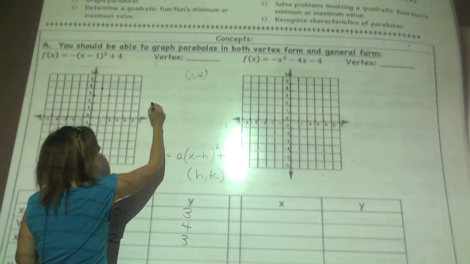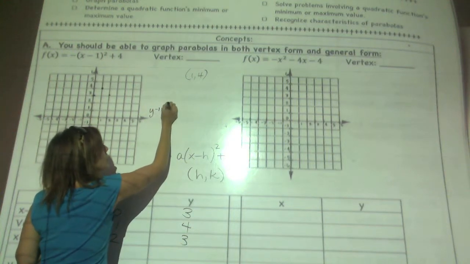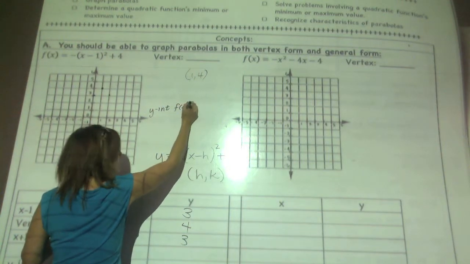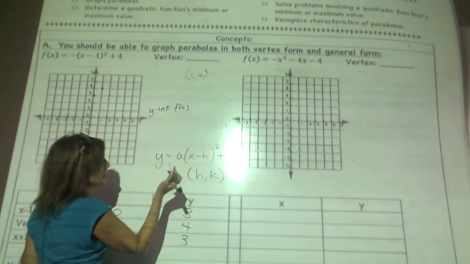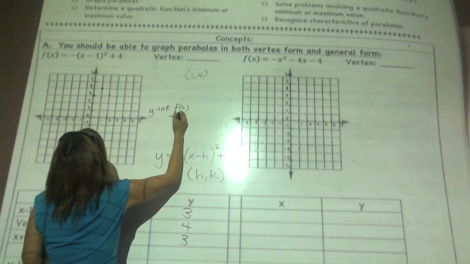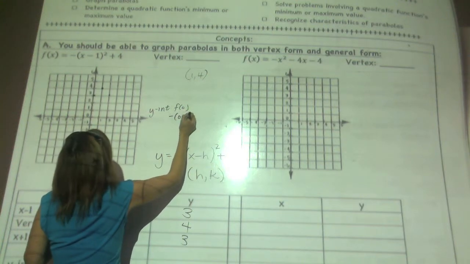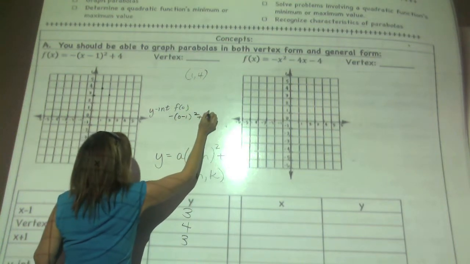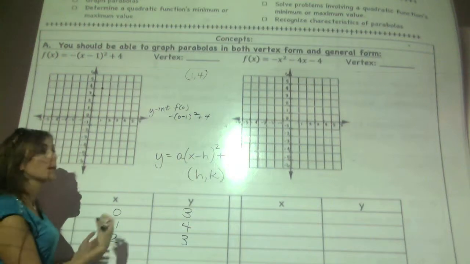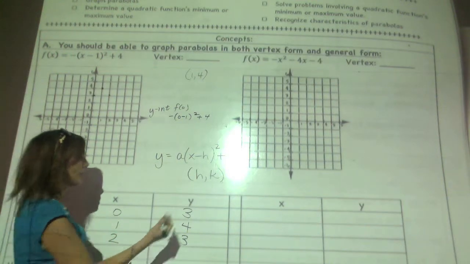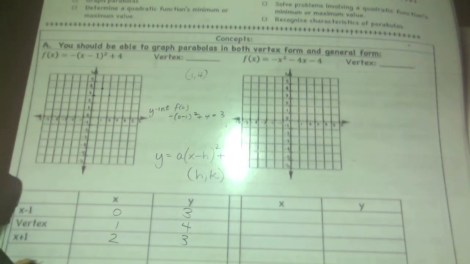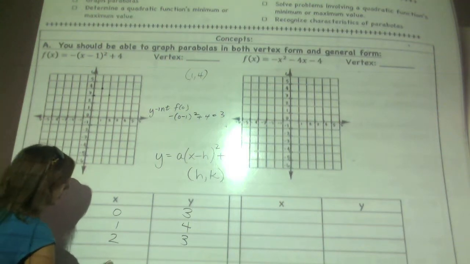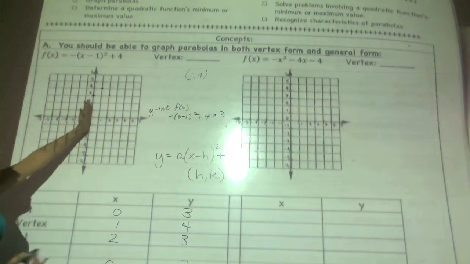So to find your y-intercept, you are looking at f of 0. Negative 0 minus 1 squared plus 4. You can do that all in your calculator, but we just did it, and we ended up with 3. So our y-intercept is 0, 3.